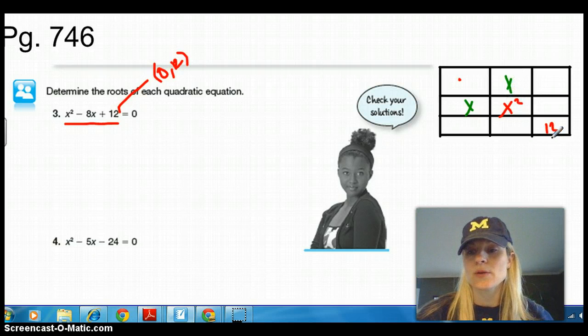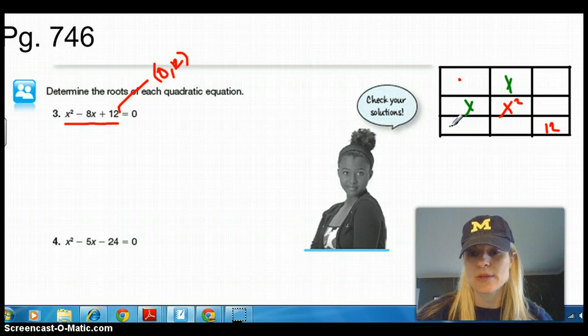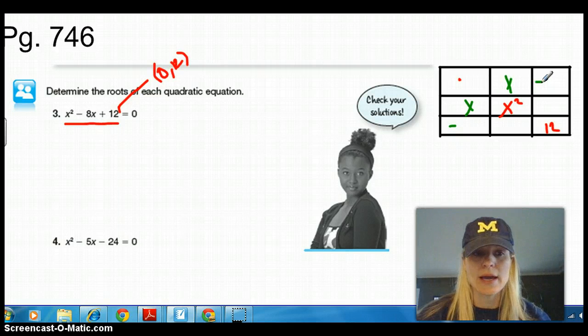Then we have to figure out, well, what will multiply to 12, but it's also going to have to add to a negative 8. In order for that to be negative and this to be positive, these two numbers are going to have to be negative, because a negative times a negative is a positive. And so we have to think about what two negative numbers will add to negative 8 but multiply to positive 12.